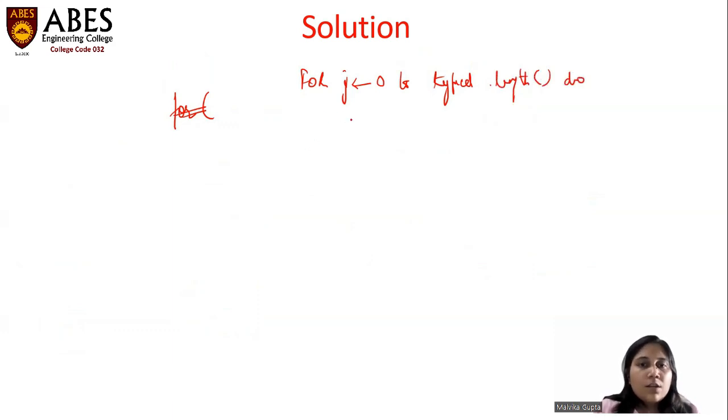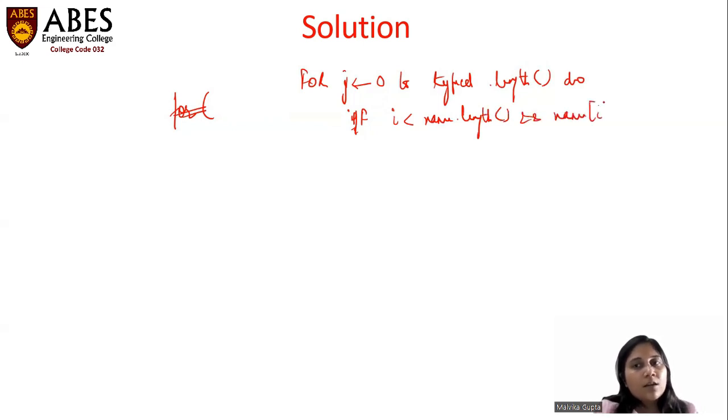I'm matching the character because you should understand that the value of my index i should always be less than the length of my name. Only then we will be able to continue, because more than that we won't be able to continue. So I'm writing, if i is less than name length, and also I'm just matching if name of i is equal to type of j, which we were actually doing.